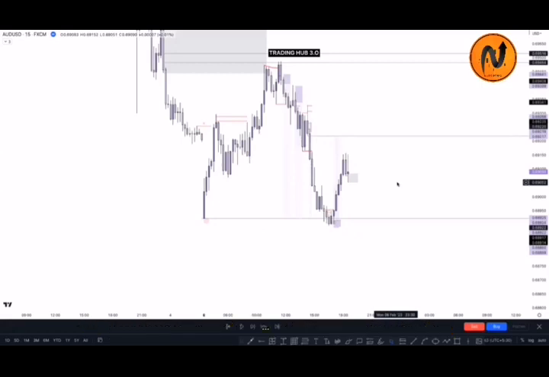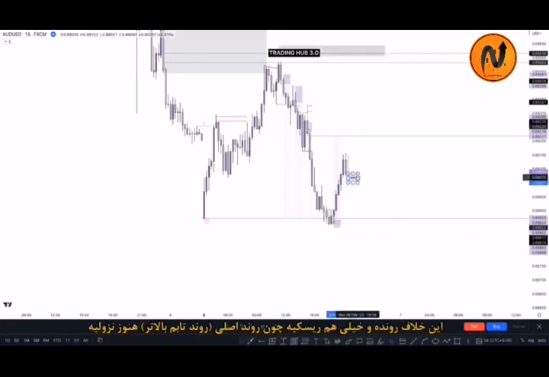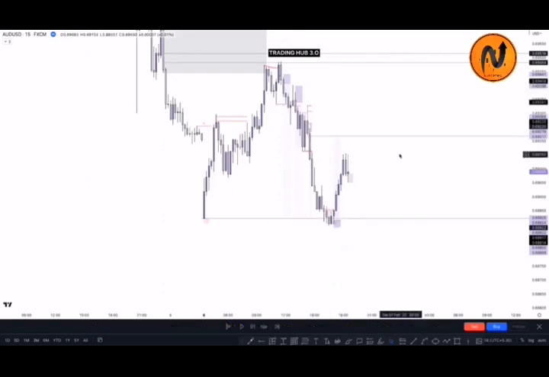So this is very risky, because the main trend is bearish. You can simply buy here, but only for the short term. The main trend is your bearish structure, and bearish is also available here.